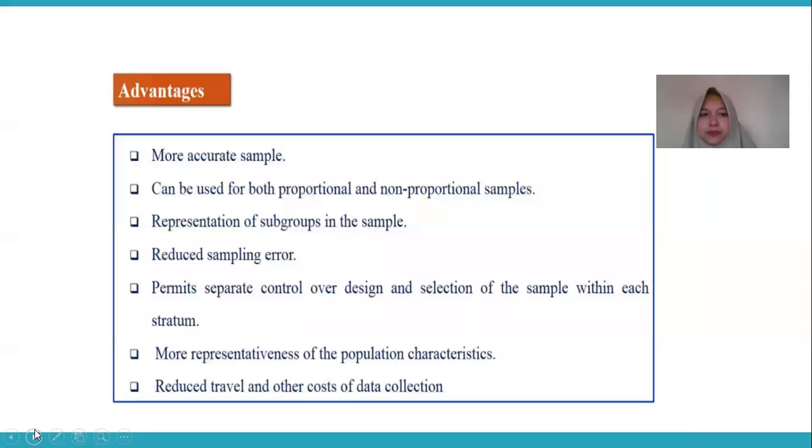The advantages: a more accurate sample, it can be used for both proportional and non-proportional samples, representation of subgroups in the sample, reduced sampling error, and it permits separate control over design and selection of the sample within each stratum. It gives more representativeness of the population characteristics and reduces travel and other costs of data collection.